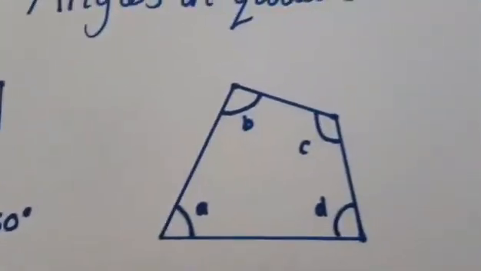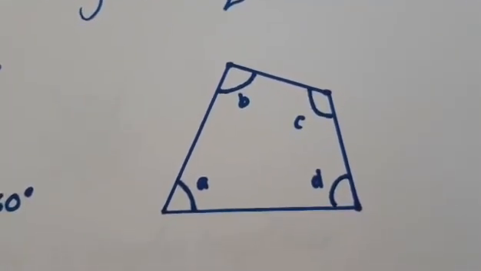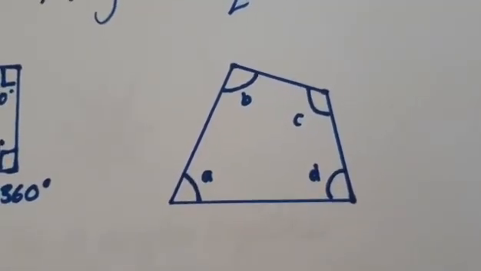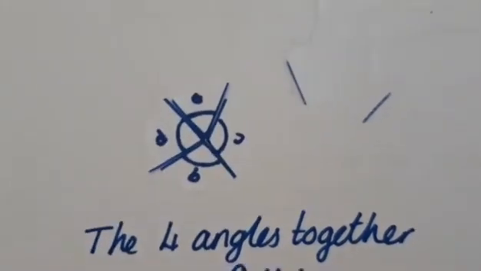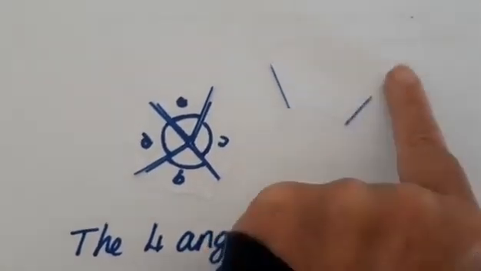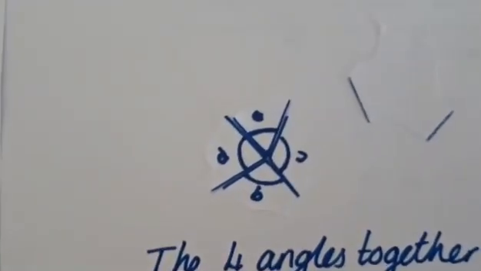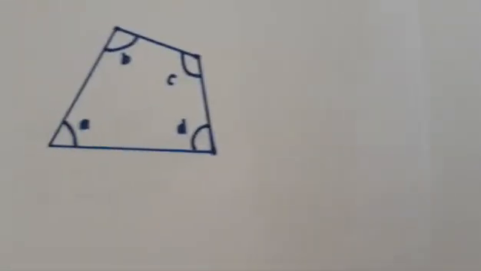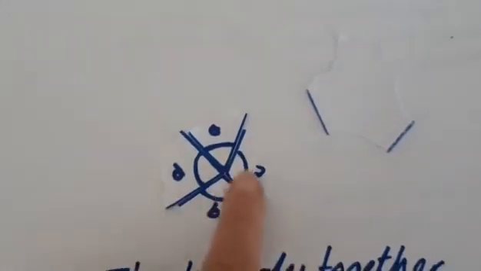But then I've got here an irregular quadrilateral. All the angles are different, so how am I going to know what the angles inside this quadrilateral total? What I've done, I've taken that exact same shape, and this was it originally, I've ripped off all the corners and I've put them together here, and you can see that the four angles from this shape that I had earlier, exactly the same shape, they go together to make a full turn.